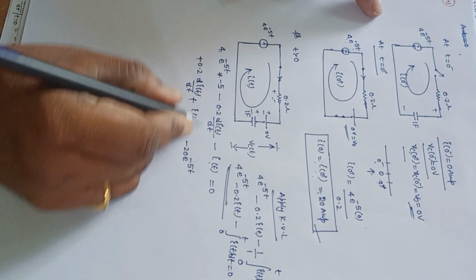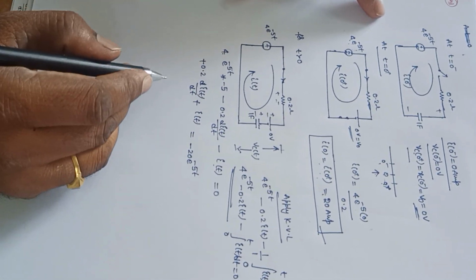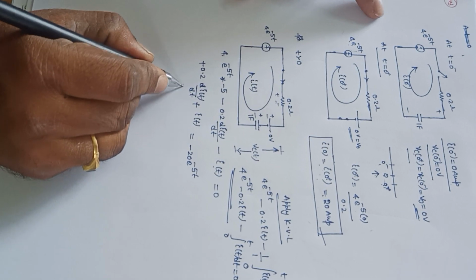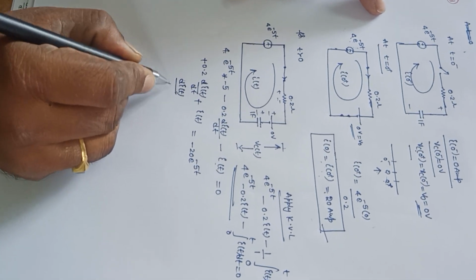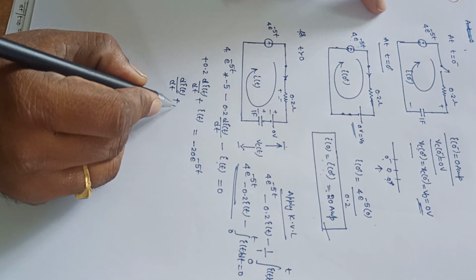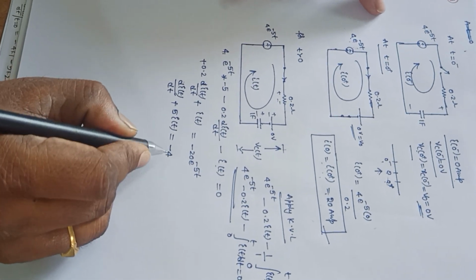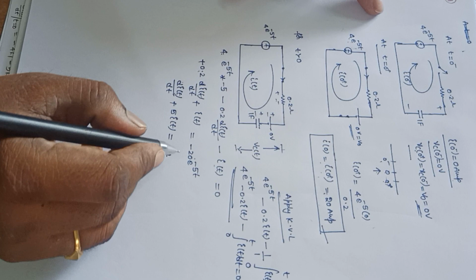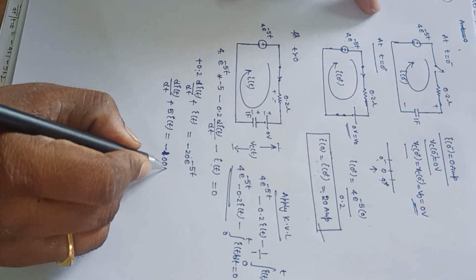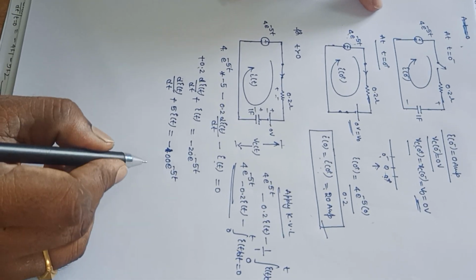Just I am rewriting this equation like this. So di of t by dt, 1 by 0.2 is 5, into I of t is equal to 5 into 20, minus 100 into e power minus 5t.